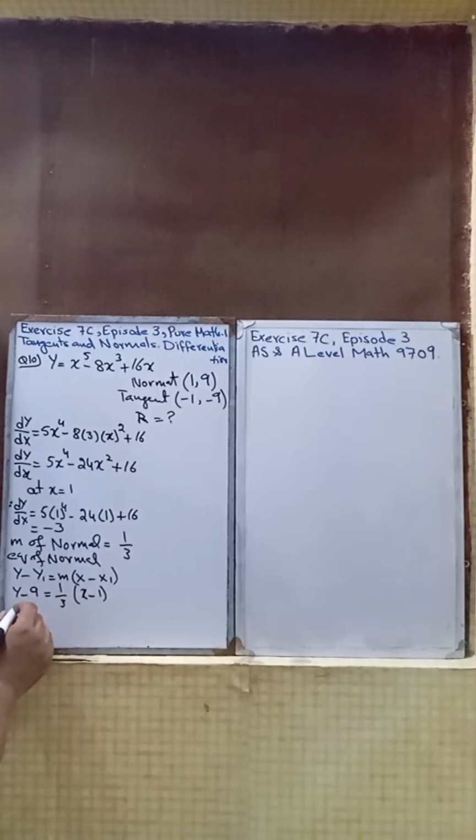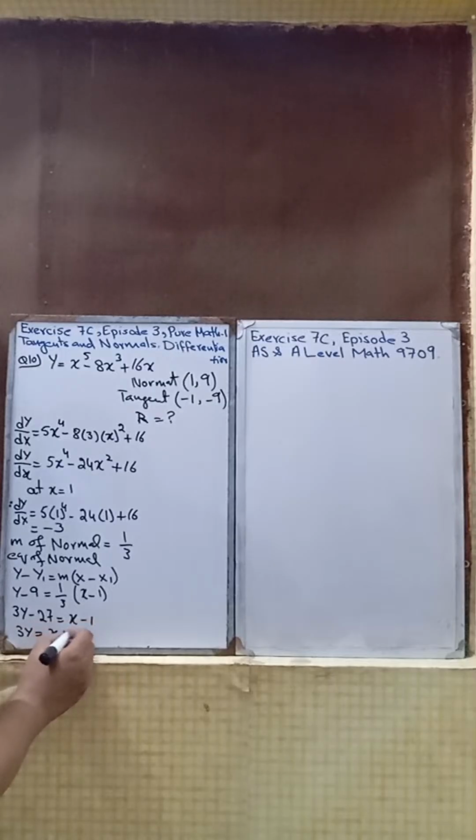So this will be 3y minus 27 equals x minus 1. So 3y equals x plus 26. This is the equation of the normal.